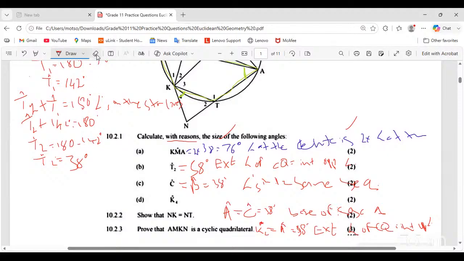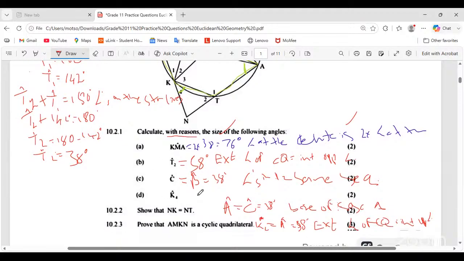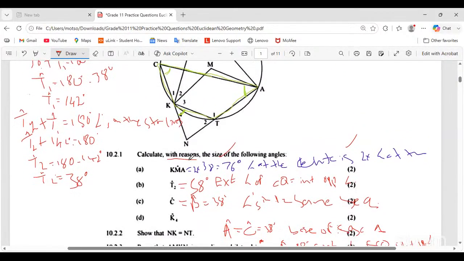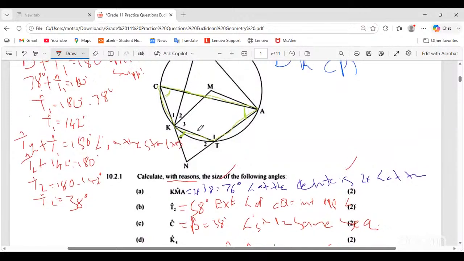Now let's proceed to the next one, which is 10.2.2. Now, we are required to prove that NK is equal to NT. How are we going to do that? K4, isn't it equal to T2? Because those are the base angles.